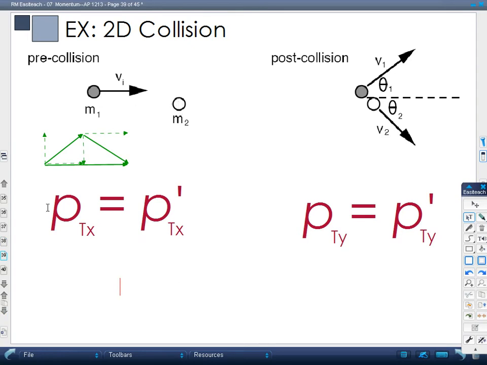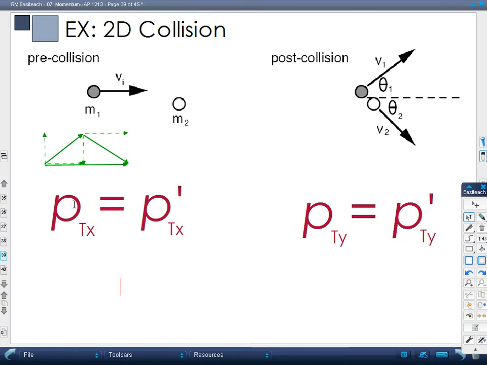But the two really key equations are P total x equals P total x prime. And when I say P total x, I just mean the total momentum before, and the prime here is indicating after. I hope the pointing with the mouse is showing up nicely on the video. And of course, P total y equals P total y prime.